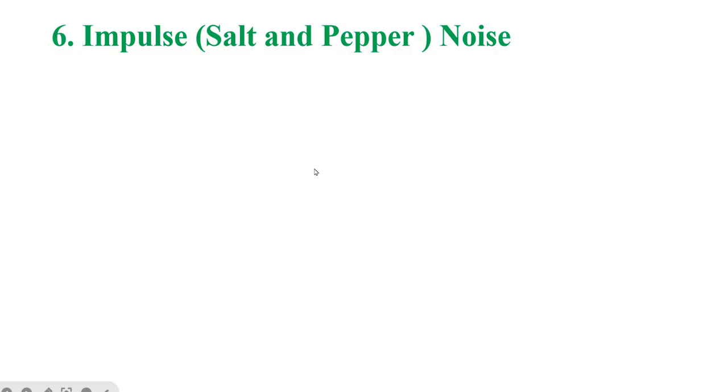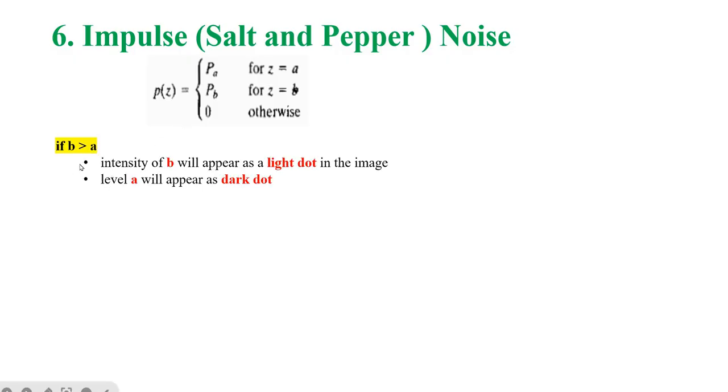Next comes the impulse or the salt and pepper noise. So here this is the probability density function for the salt and pepper noise. Here, if b is greater than a, then the intensity of b will appear as a light dot in the image, and the level a will appear as a dark dot.